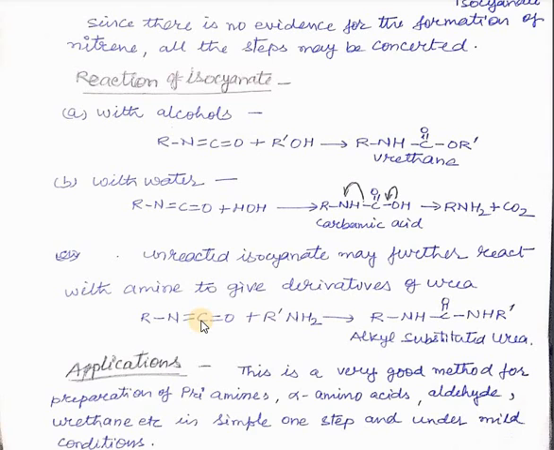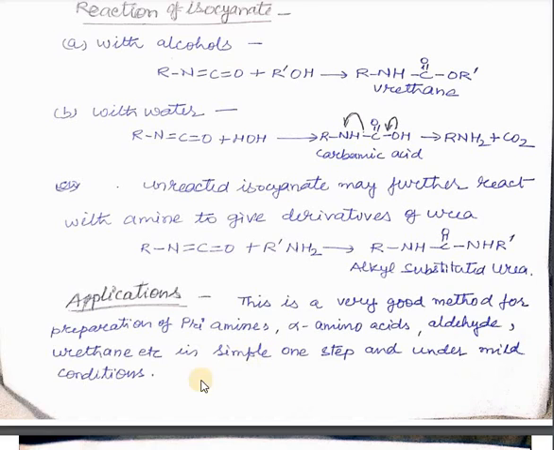Now we come to the application part of this reaction. This is a very good method for the preparation of primary amines, alpha amino acids, aldehydes, urethanes, etc. in a simple one step under mild conditions, in a single one-pot synthesis, because the isocyanate is very reactive and reacts readily to give all these things.